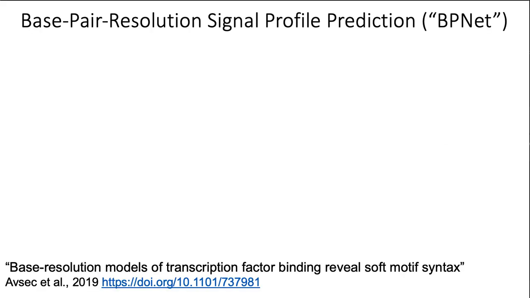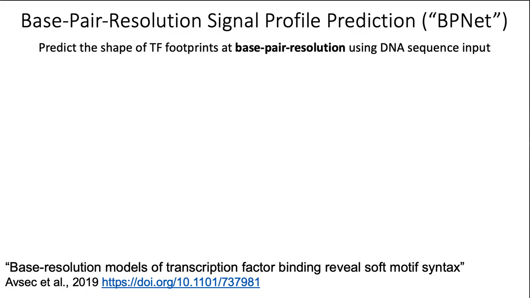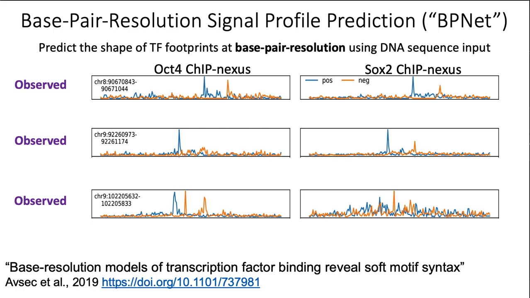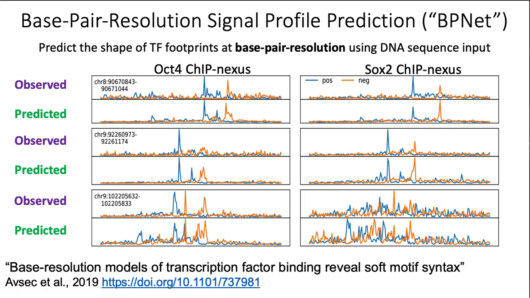Let's begin by discussing how we extend reverse complement strategies to base pair resolution signal profile prediction models, or the so-called BPNet models proposed by Avsek et al. These models learn to predict the shape of TF footprints at base pair resolution given DNA sequence input, and they can do an extremely good job. Here are some example observed profiles for OCT4 and SOX2 ChIP-nexus data, and here are the corresponding predicted profiles.